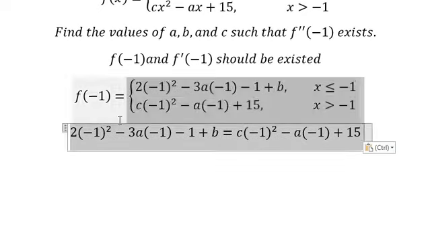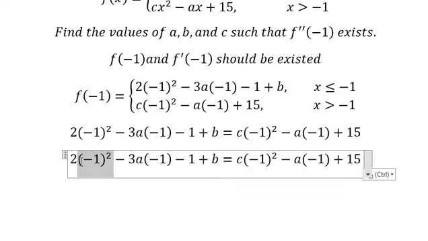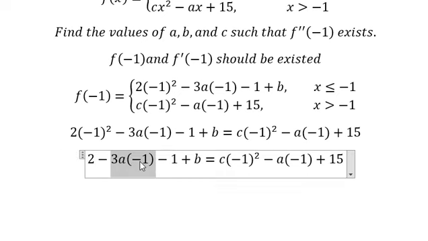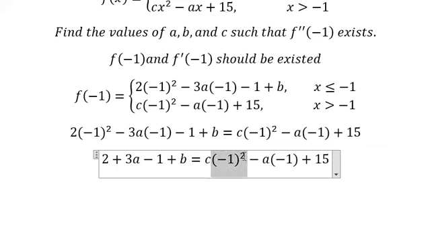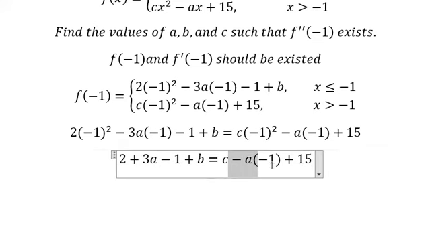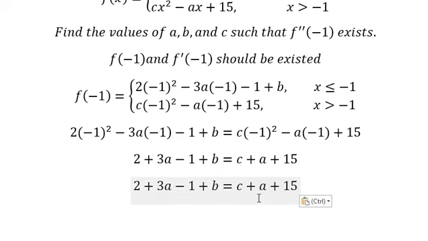And now we need to simplify. That is 2, positive 3a. This one, 1, positive 8. And now we put c and a on the left, 2 and negative 1 on the right.